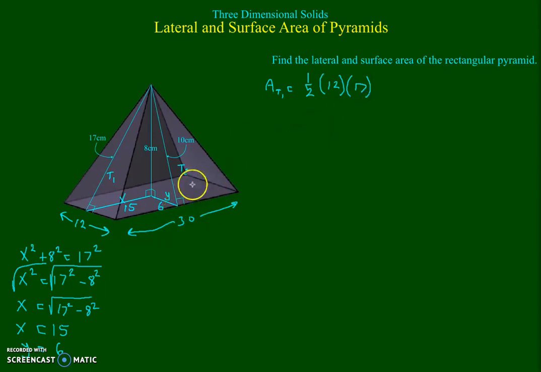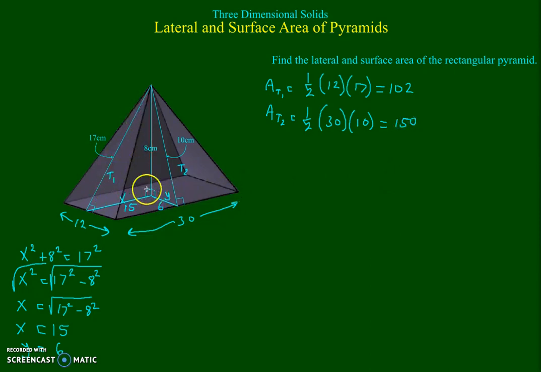And then area of T2 is 1/2. The base in this case is 30 times height, which is 10. So that guy is 102. And if we put this in our calculator, we get 150.